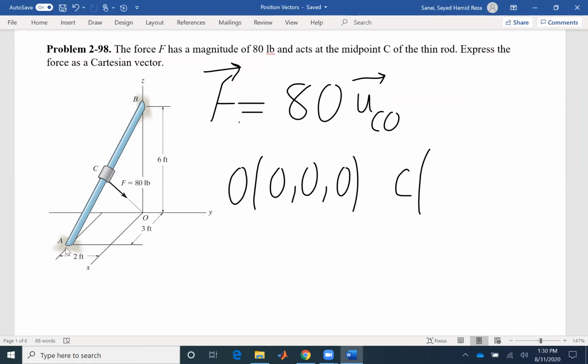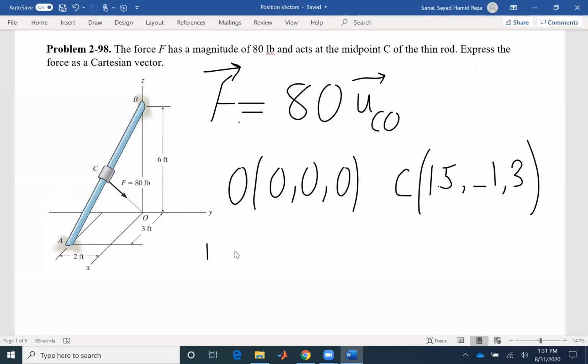The Y coordinate is in the negative direction, so -1, and the Z coordinate is 3. The question is telling us we have midpoint C. So if point B has a Z component of 6 feet, and point A is 0, halfway would be 3. Same thing for the other one.